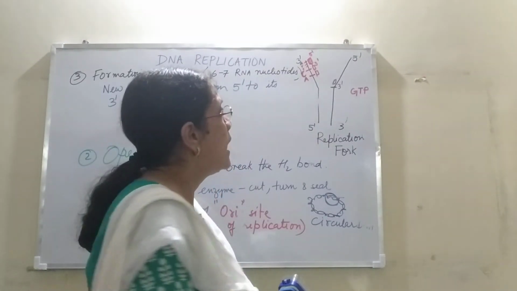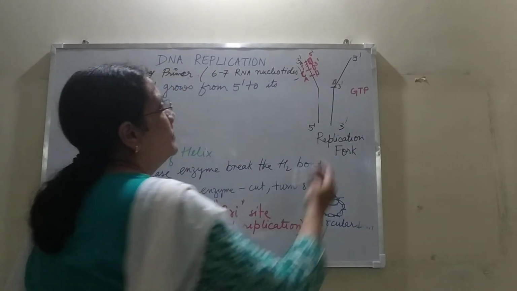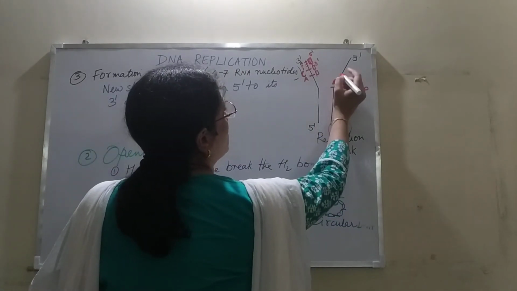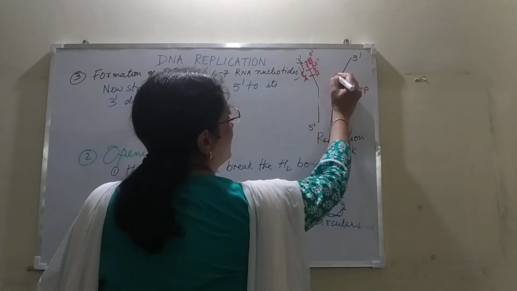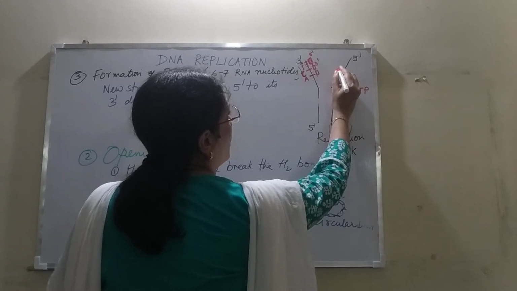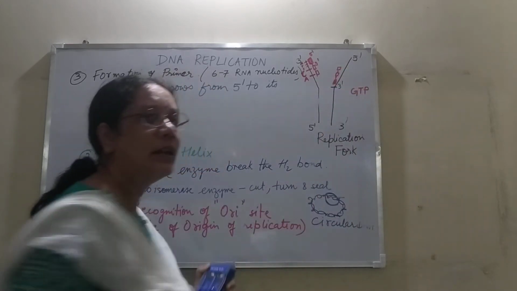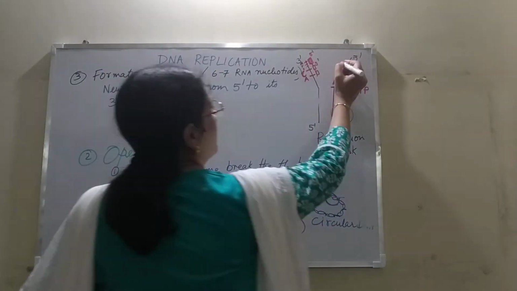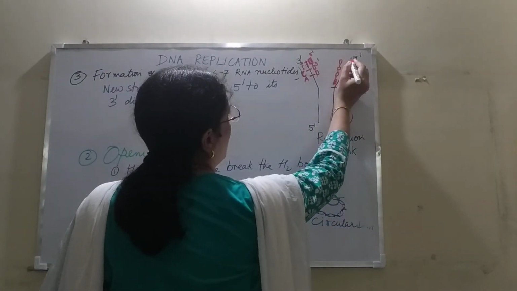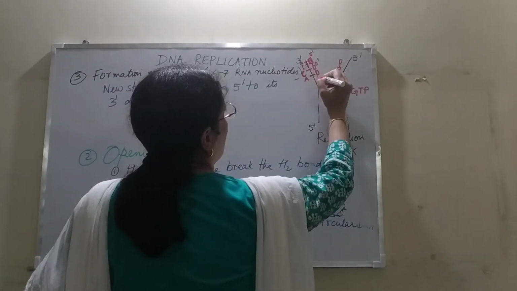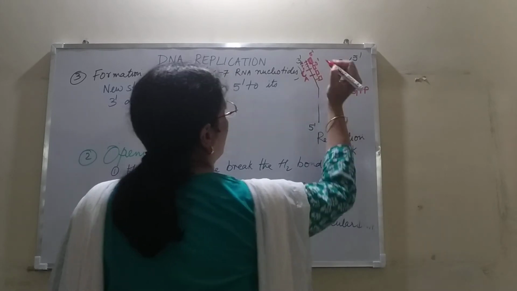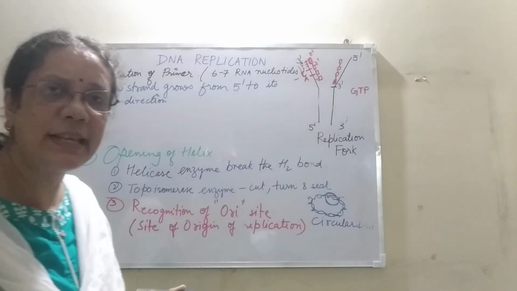Is it clear? Now this primer, after being attached, will again carry forward the joining of the other nucleotides. So let me draw it in this way, and here also. Clear?